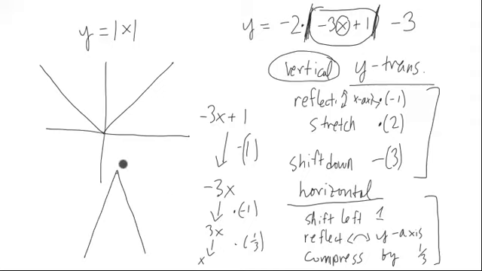So compressing by a third will move this point in. Everything's being compressed to this. So this point will stay the same, but the rest of these points will shrink in. So this will move to right here, or a third in. Like that. This will still come in here.